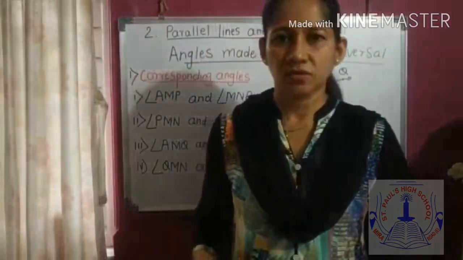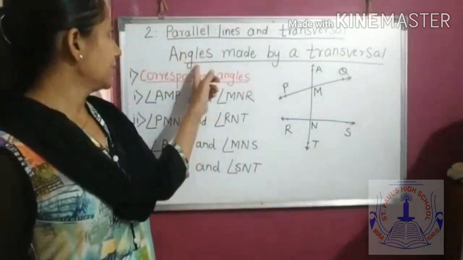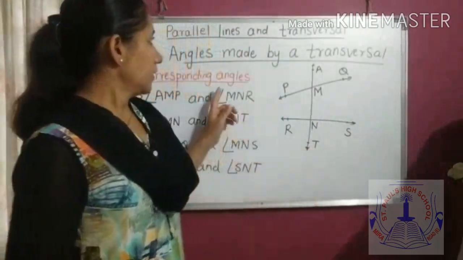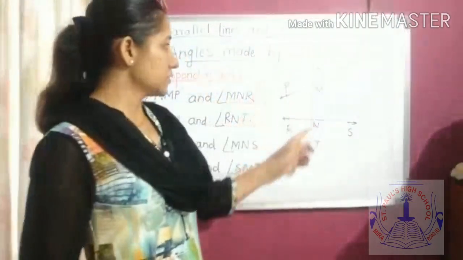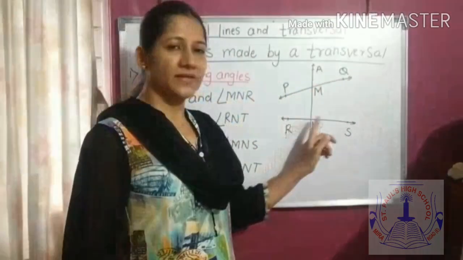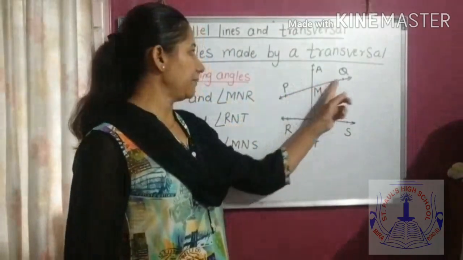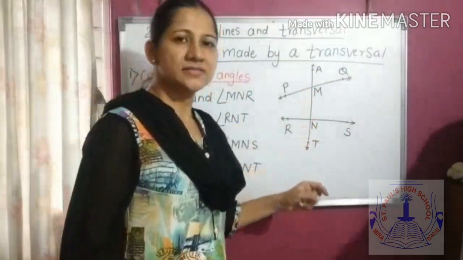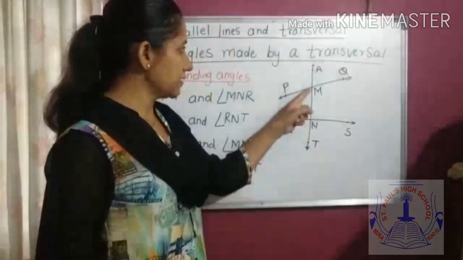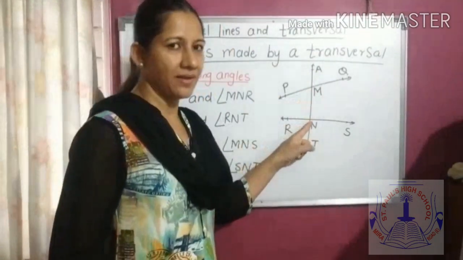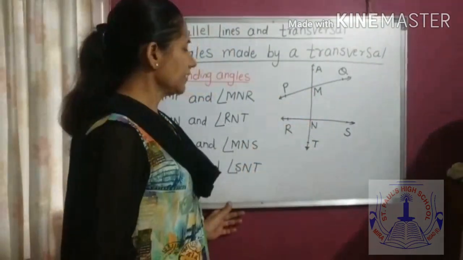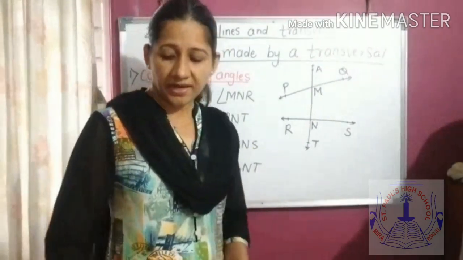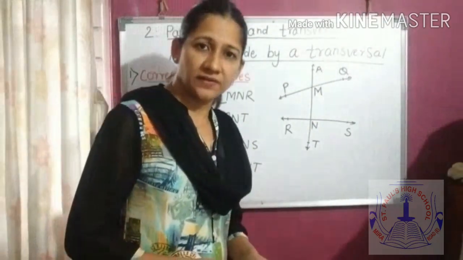Students, now we'll be studying the next concept, that is angles made by a transversal. Here we'll be studying different angles. If you see these two given lines, line PQ and line RS, and here line AD is the transversal, which intersects these two lines in points M and N. Clear? Now in this case, there are different angles made by this transversal on these two given lines.